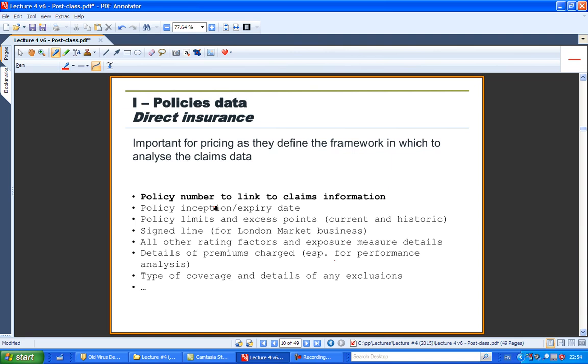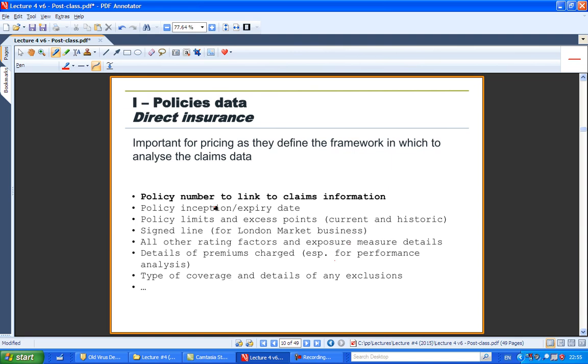In the case of personal lines, of course, you cannot price every individual customer on a standalone basis, so you will have a number of different policies, of which you are going to look at the claims and then produce a model. So the information will be much more complex.